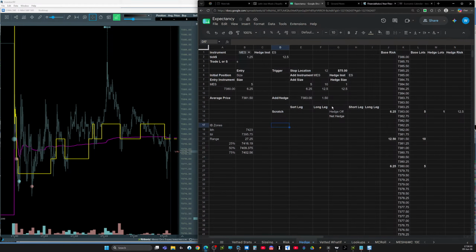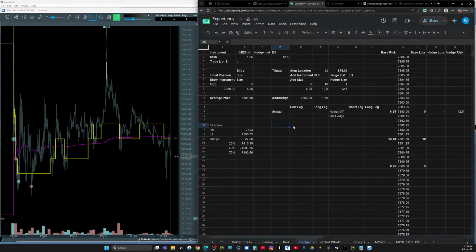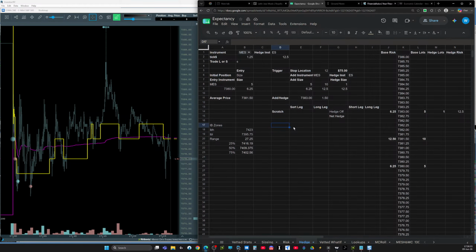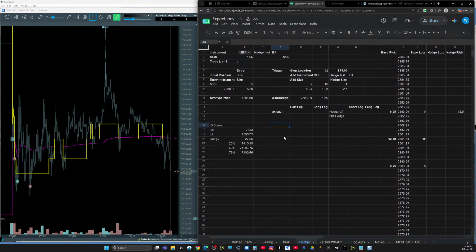And what this does is it enters a hedge rather than a hard stop, but at the same location. It actually improves the risk.